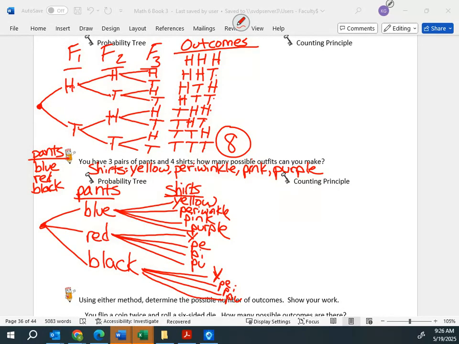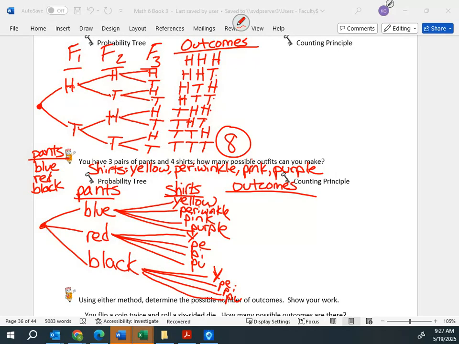So, what are my possible outcomes that I could have? We're just gonna go across like we did with our heads and tails. So, for the heads and tails, we had 3 flips, so there were 3 letters in our possible outcomes. But with the pants and the shirts, there are only 2 events happening. So we're gonna combine it with 2 colors, our pants and our shirts.